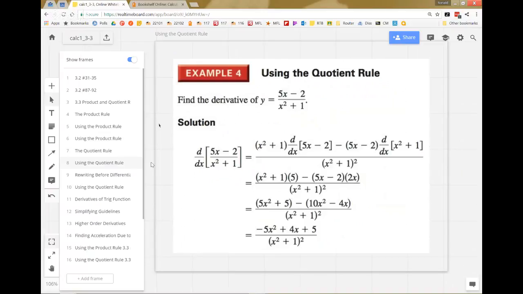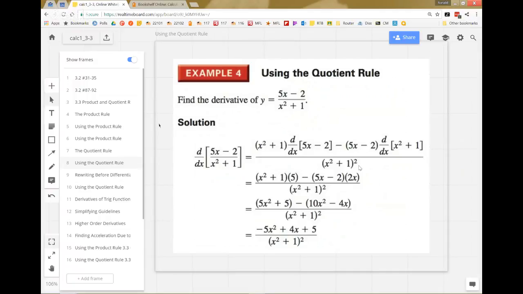Can we do some algebra thing to get that simplified? And the answer is no. So here we have to use the quotient rule. All right, so let's apply it. The denominator, x squared plus 1, times the derivative of the numerator, minus the numerator, 5x minus 2, times the derivative of the denominator, all over the denominator squared.